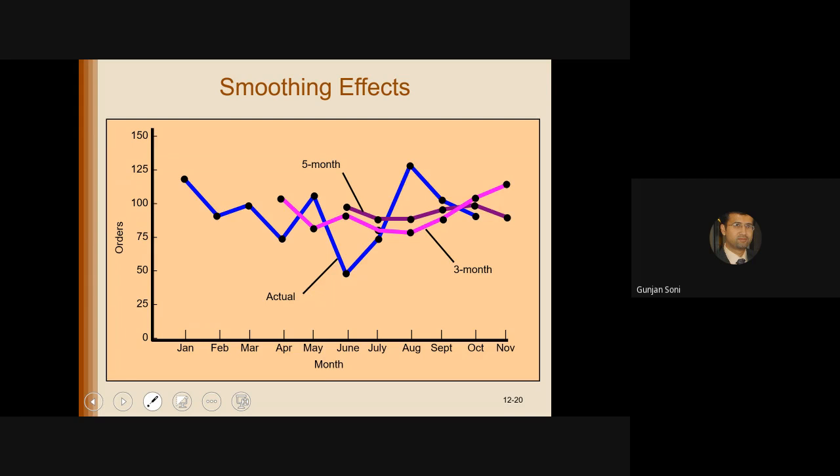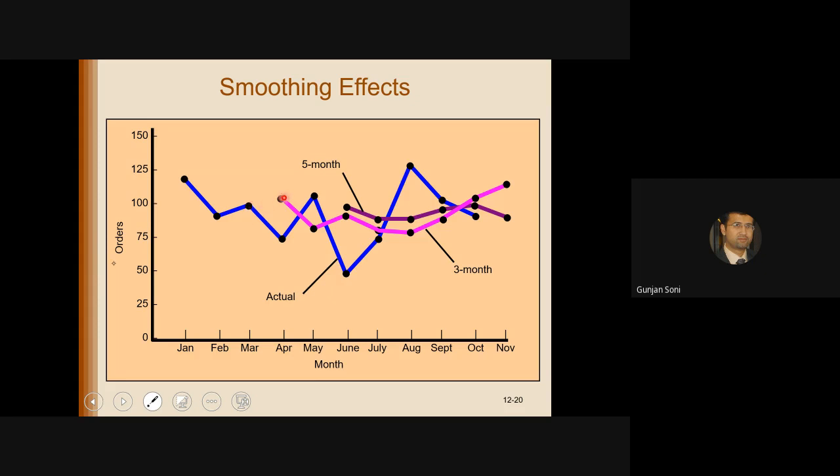Yes, Raghavendra? Because it has smoothing as well as is near to actual values. See, now let's look at these two curves. One thing you are going to observe is that there will be a bit of a lag.